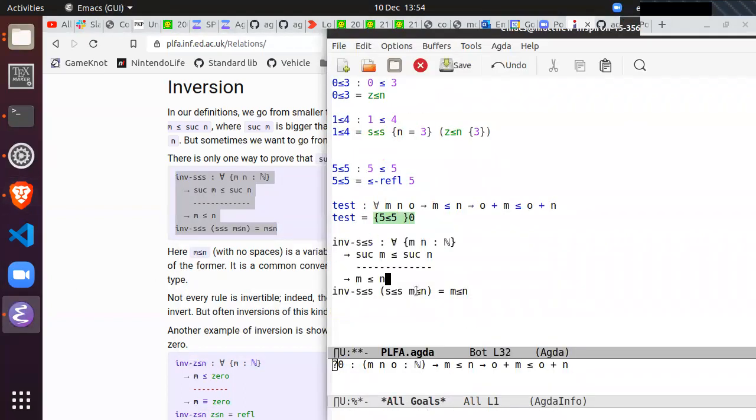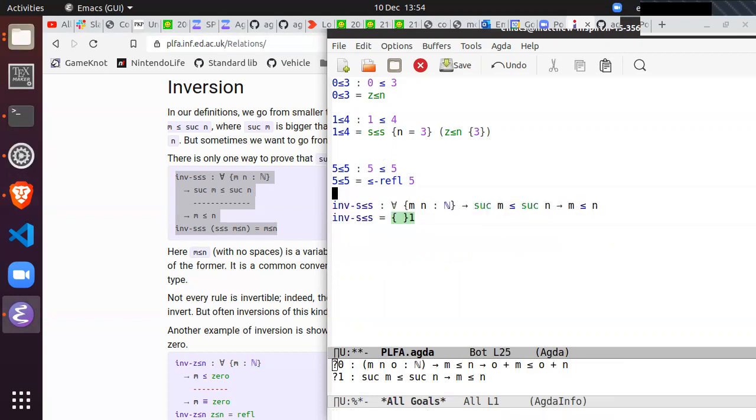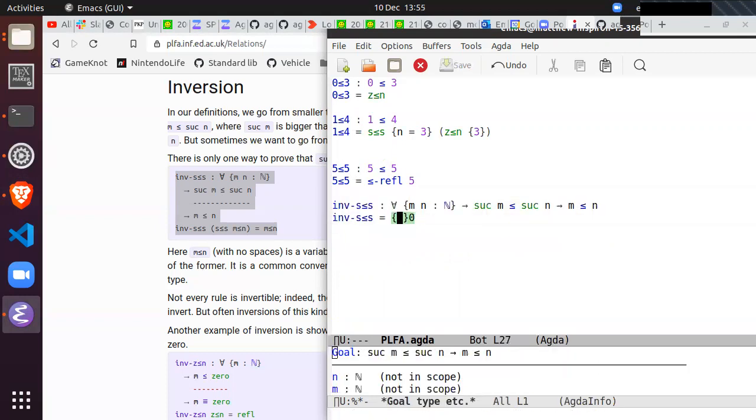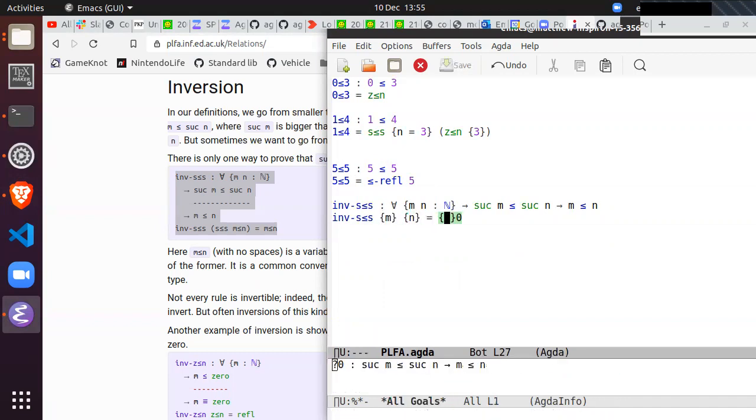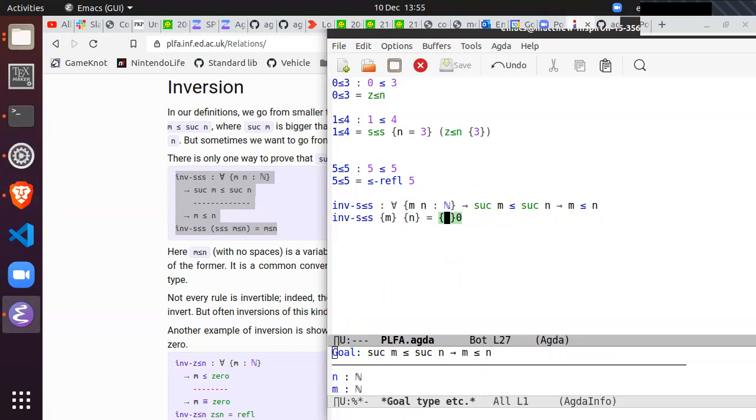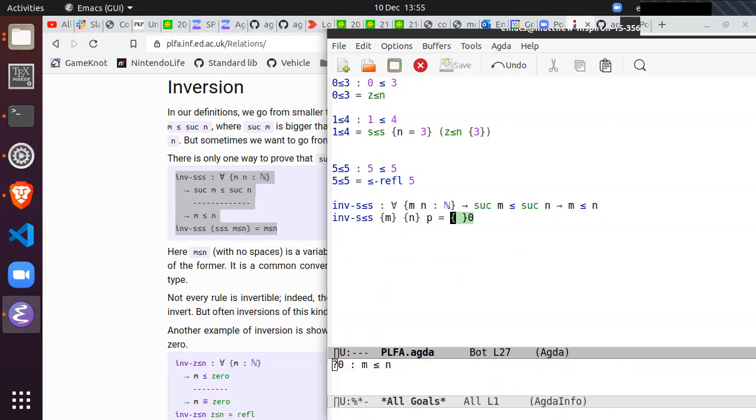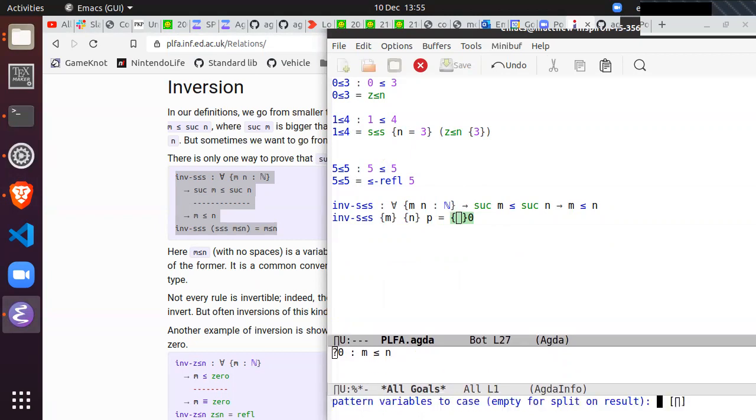So let's have a look. Let's try and explore this. We have two implicit arguments, m and n, so let's write them out, and a proof P. Let's have a look at what's going on underneath the hood.